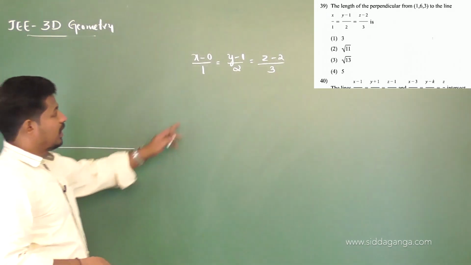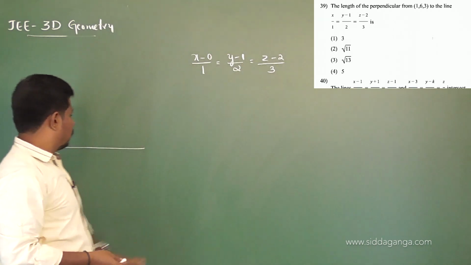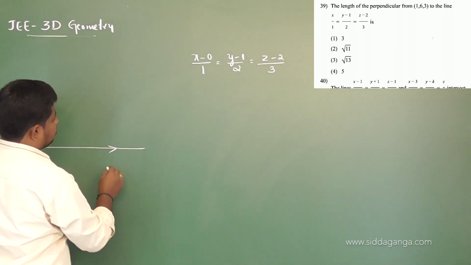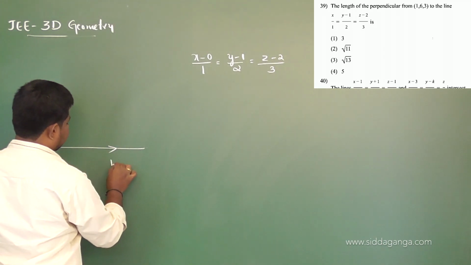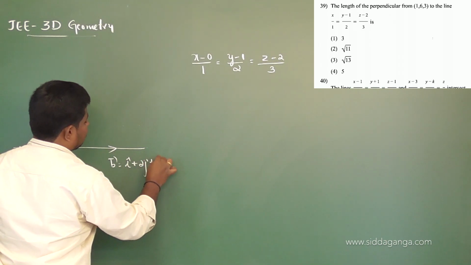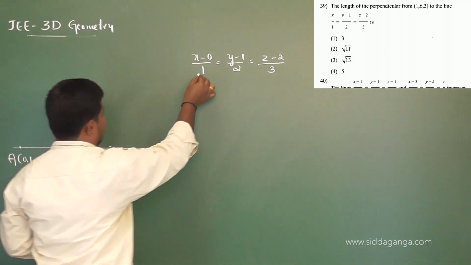This is a line passing through (0, 1, 2). So let me take this as a point (0, 1, 2). This line is passing through it and is parallel to the vector i plus 2j plus 3k, from these ratios 1, 2, 3.